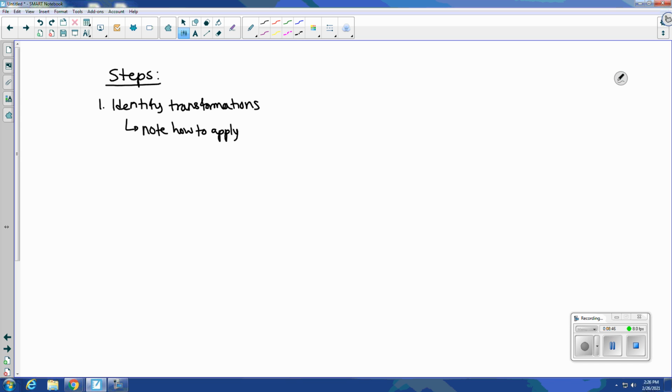So we're looking at a function, identifying the transformations, but ultimately we have to apply them to coordinates, not a function. So it's important to be cognizant of that fact. So once we identify the transformations, strip away the transformations and identify the parent logarithm.